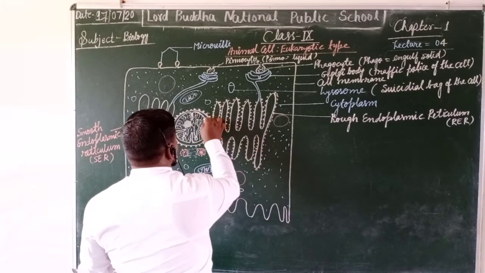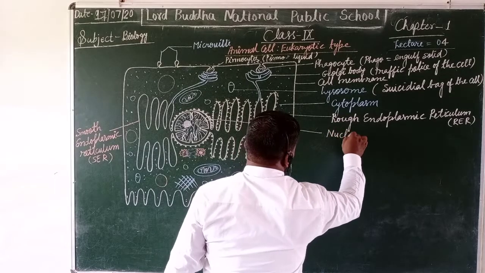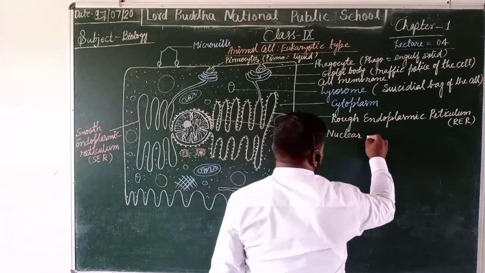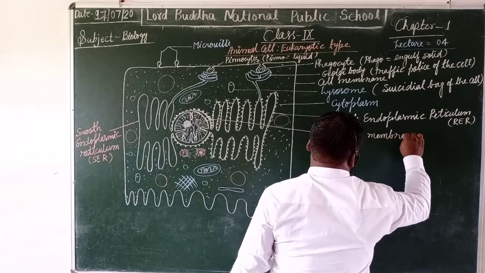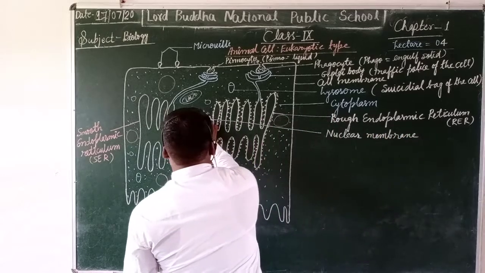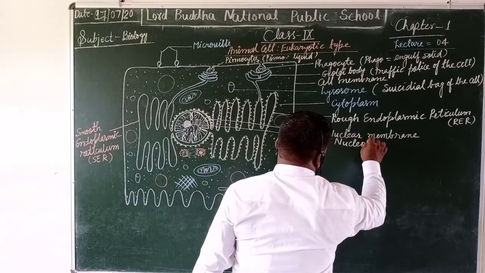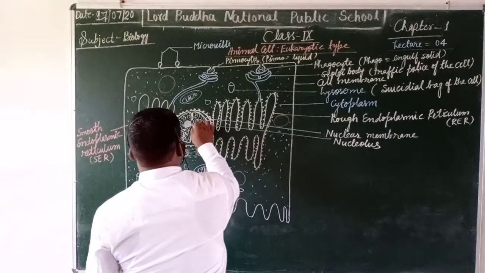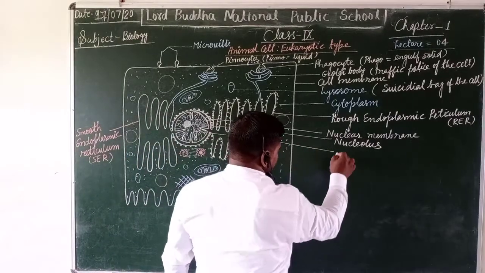Now, nuclear membrane, the most peculiar feature of a eukaryotic cell. Nucleolus. The fluid present inside the nucleus is nucleoplasm.